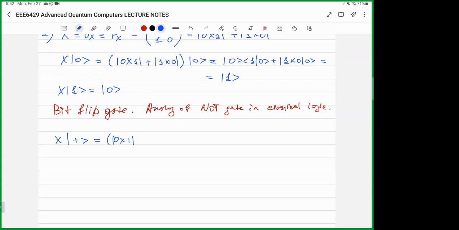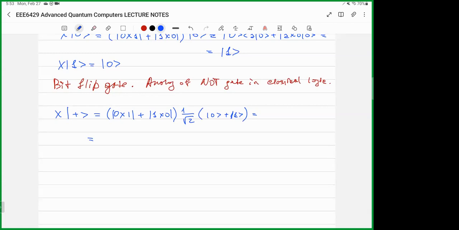I mean this operator X, which is 0, 1 plus 1, 0, acts on this superposition state 1 over square root of 2, then 0 state plus 1 state, right?